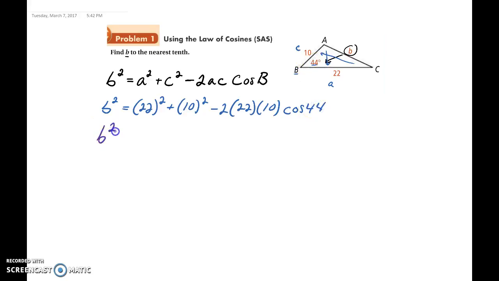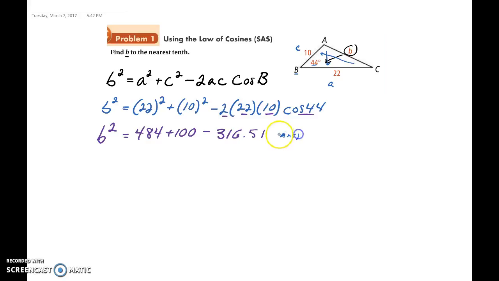So then we have b squared is equal to 22 squared is 484, 10 squared is 100, minus 2 times 22 times 10 times cosine of 44. We can plug this into our calculator at once, and that will be minus 316.51.